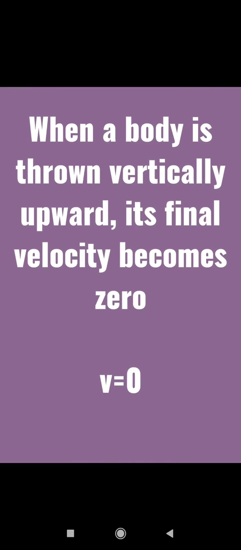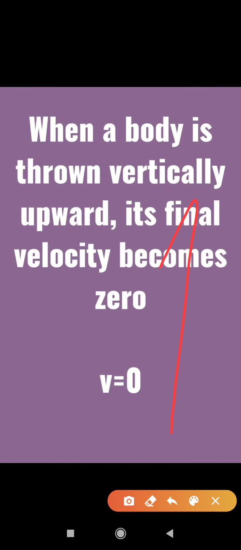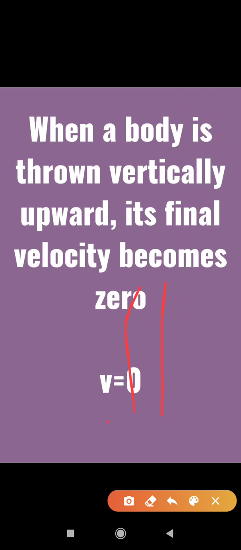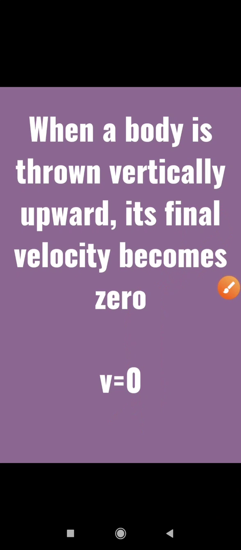In the other case, when a body is thrown vertically upwards and reaches its highest point and then comes back, the final velocity becomes 0. If velocity remained, it would have to move a little more up. So at that particular point, we take v equal to 0.